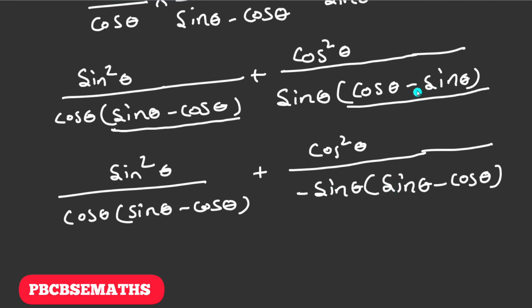Minus into plus sin theta gives us minus sin theta, then minus into minus cos theta gives us plus cos theta.